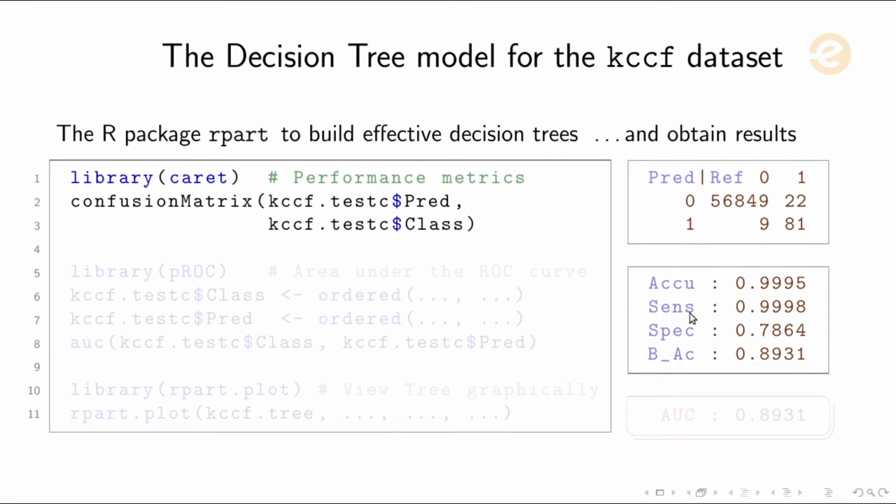So that gives us a sensitivity of 0.9998, that is 99.98%, but a specificity not too bad but not superb, that is 78.64%. That comes from dividing 81 by 81 plus 22, that is 103. So almost 22% of the frauds are not classified as frauds. So these fraudsters actually skip our decision tree classifier, but still we are happy that we could catch nearly 80% of them.